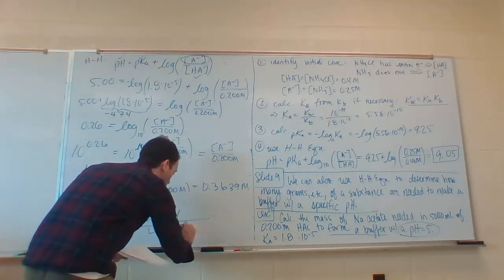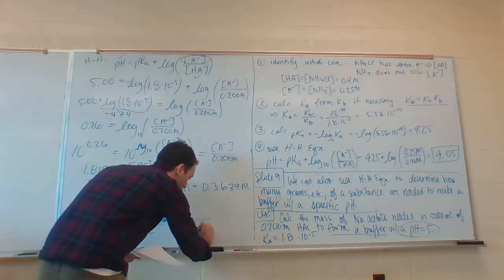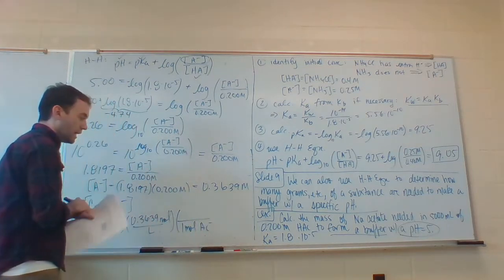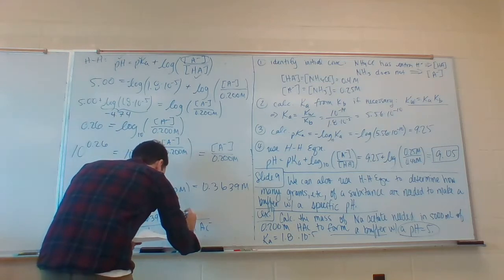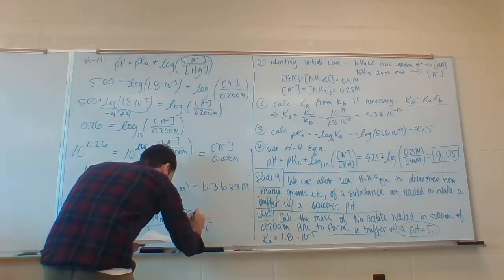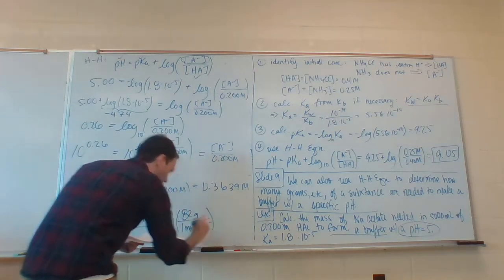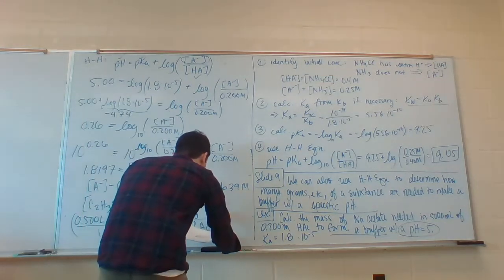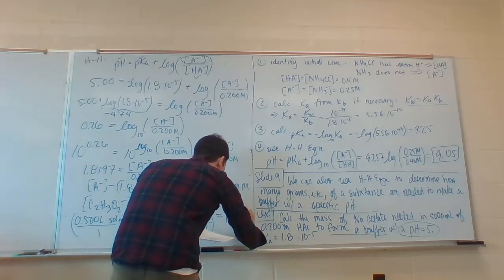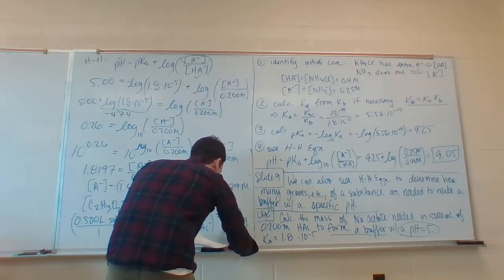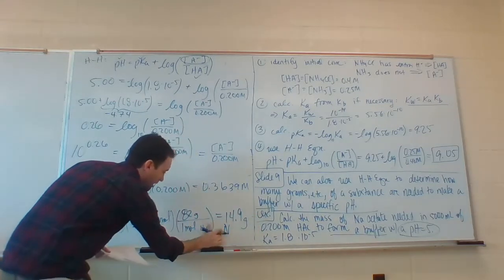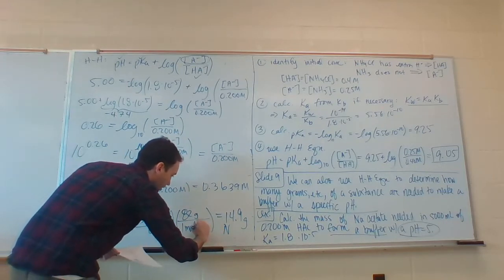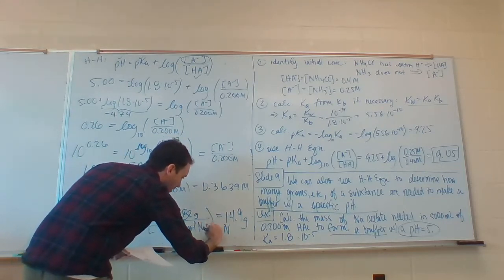And then I know that 1 mole of my acetate ion is equal to 82 grams, okay, because it's 82 grams per mole, which gives me 14.9 grams of the, oh, and sorry, this isn't the acetate ion, this is the sodium acetate.